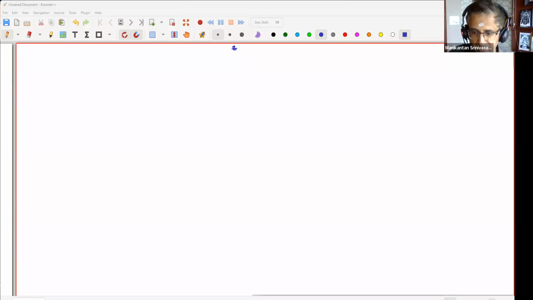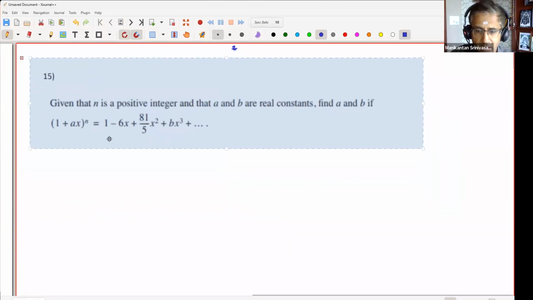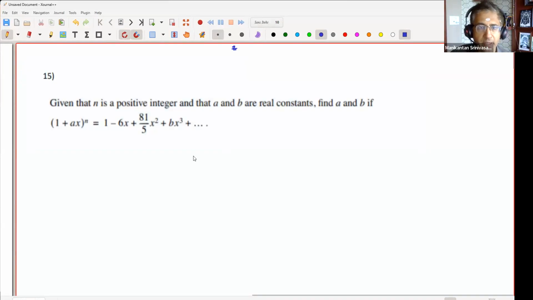So let's start with question 15. Able to see my screen, right, guys? Yeah. Okay. Given that n is a positive integer, a and b are constants, find a and b if (1 plus ax) to the power n is this, right?